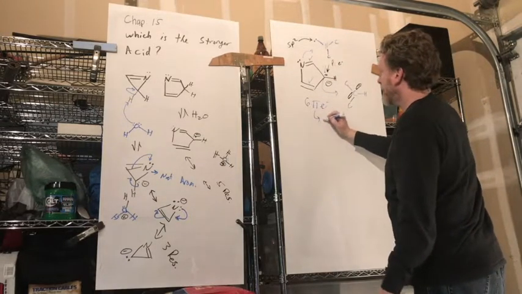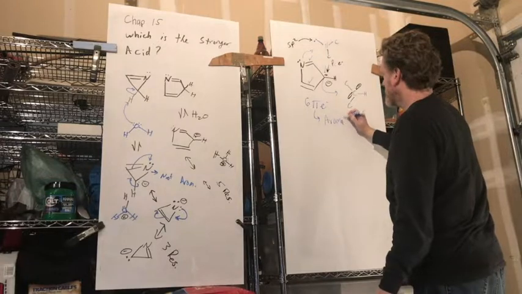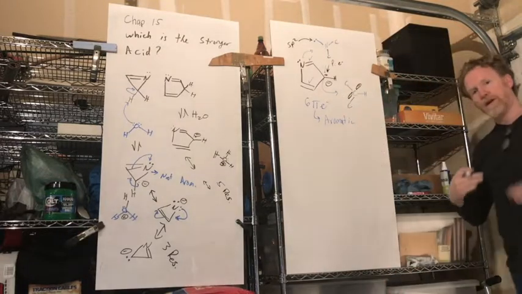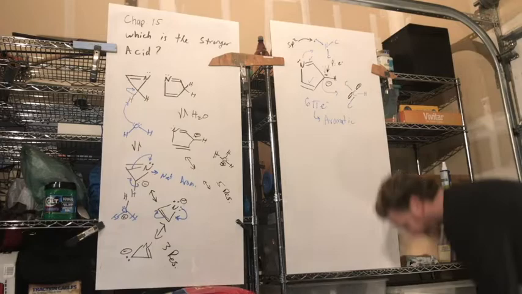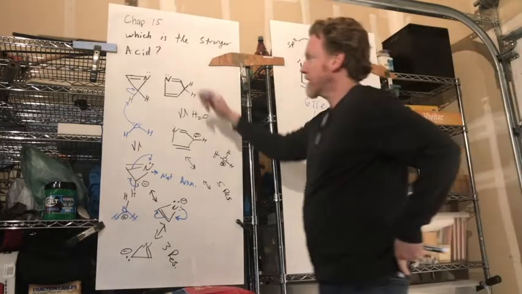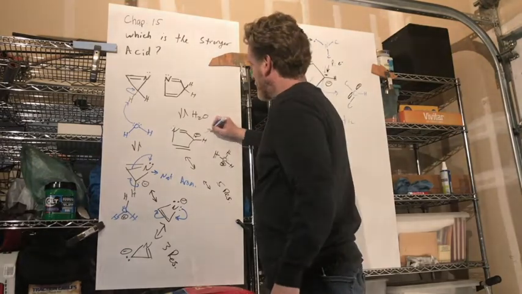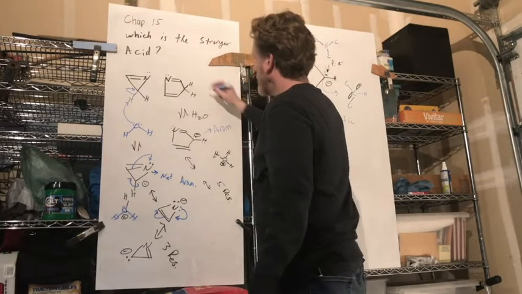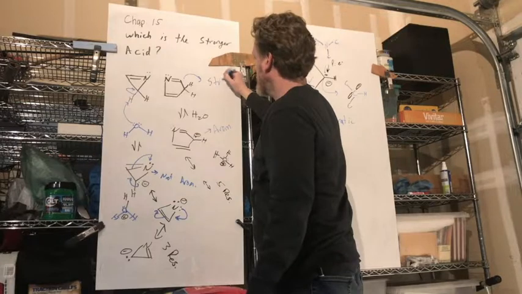Does that make me aromatic? Yes, it does. So this molecule is extra stable, lower in energy, and it will then result in the conjugate acid being stronger. So this is the stronger acid.